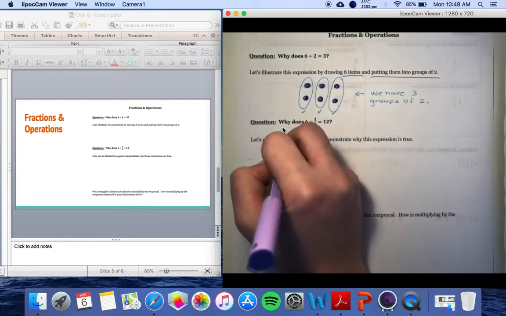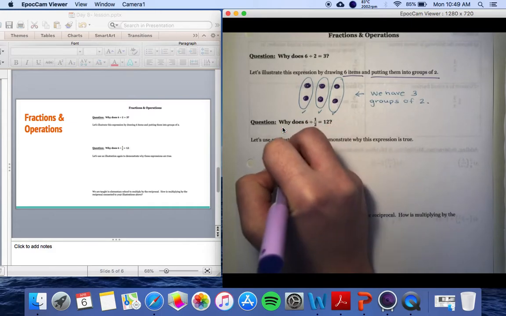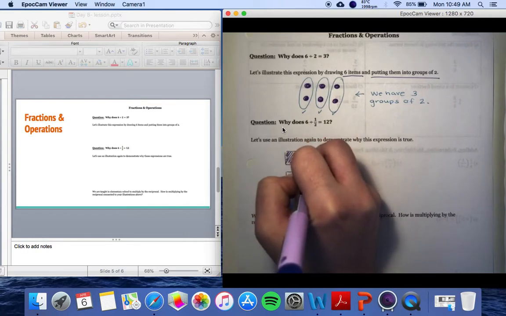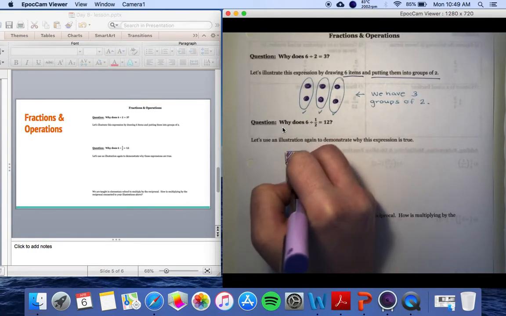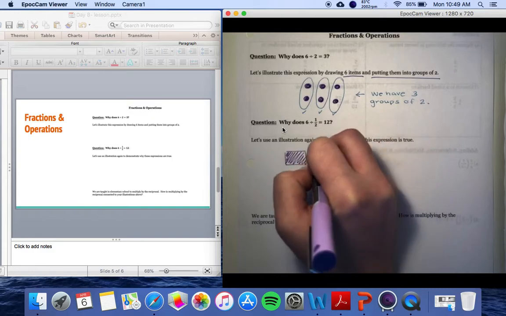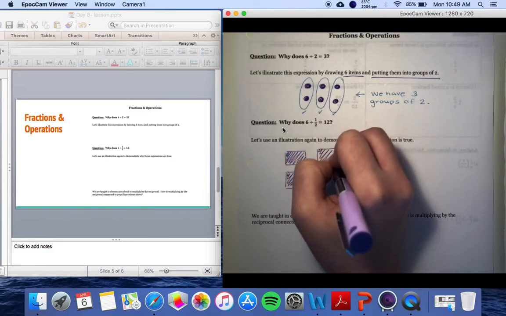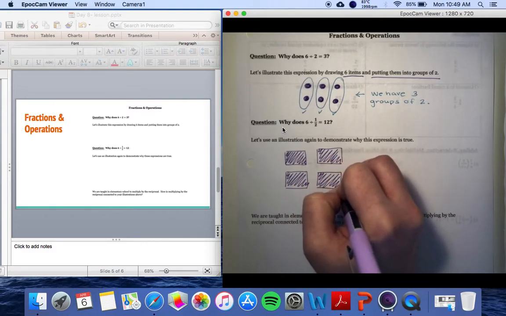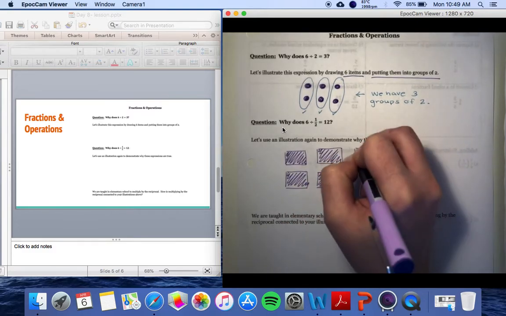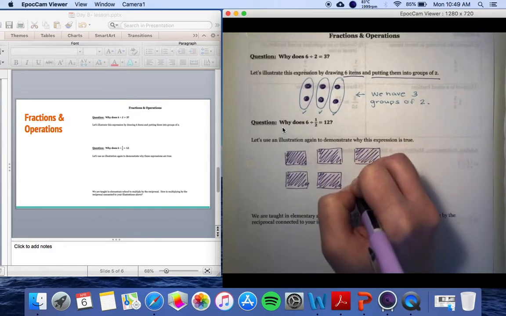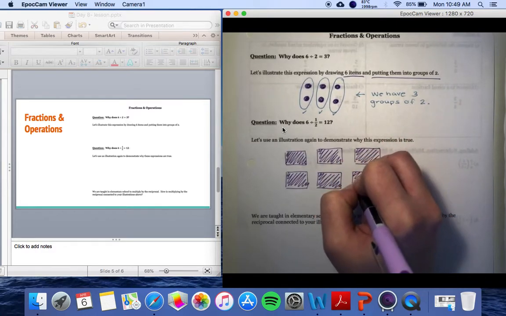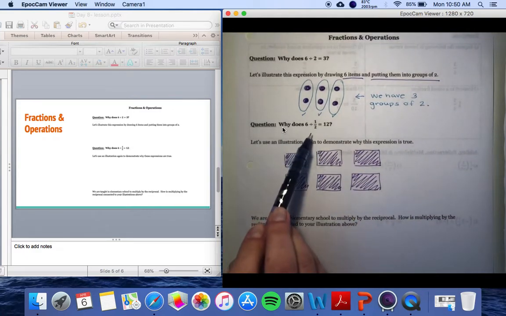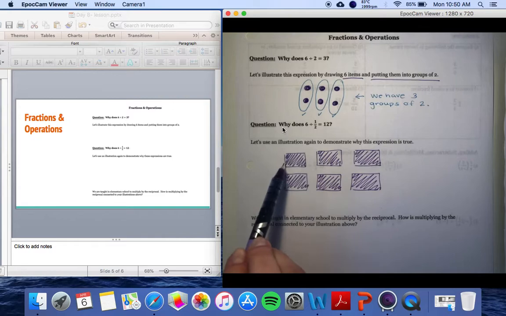I'm just going to use squares in this case. So I have 1, 2, 3, 4, 5, and 6.